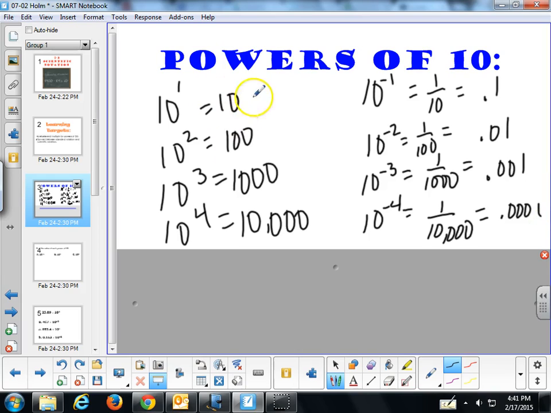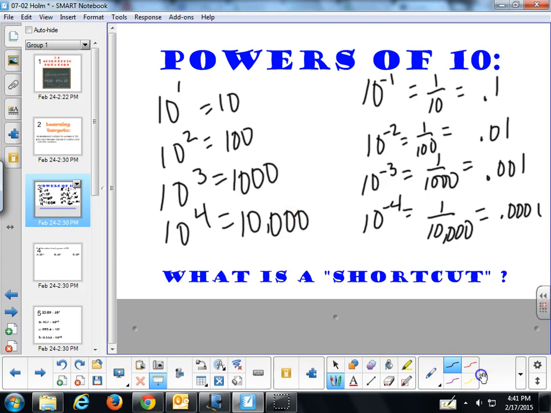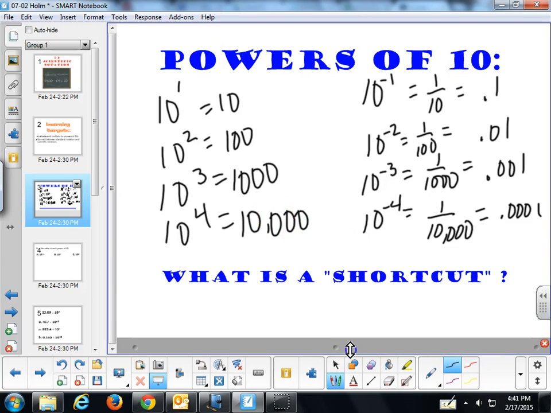So back in, I don't know, 3rd grade when you started learning to multiply with tens, you thought that was pretty cool. Oh, I'll just add a 0. But really, what is the shortcut to this? It's not adding a 0. The shortcut is moving the decimal.